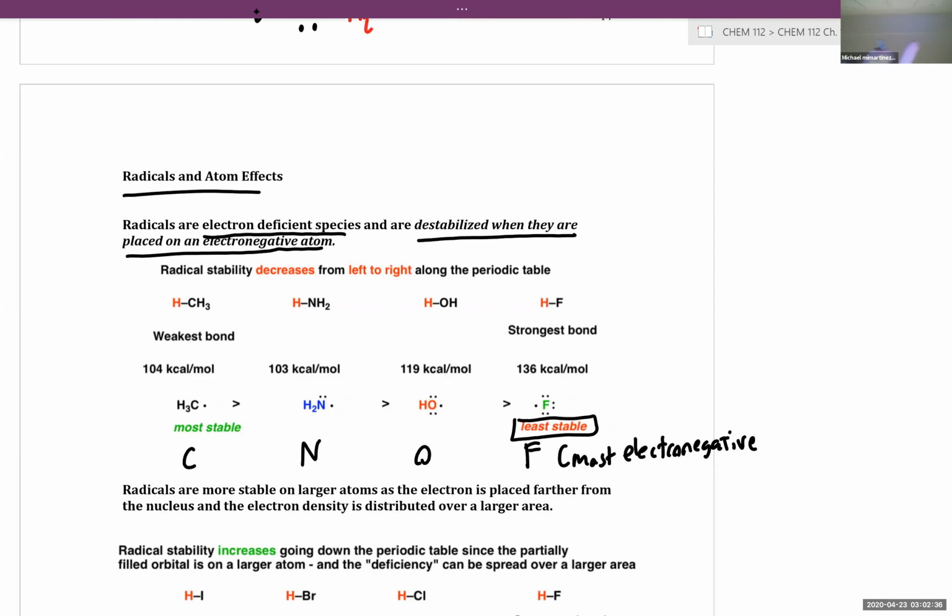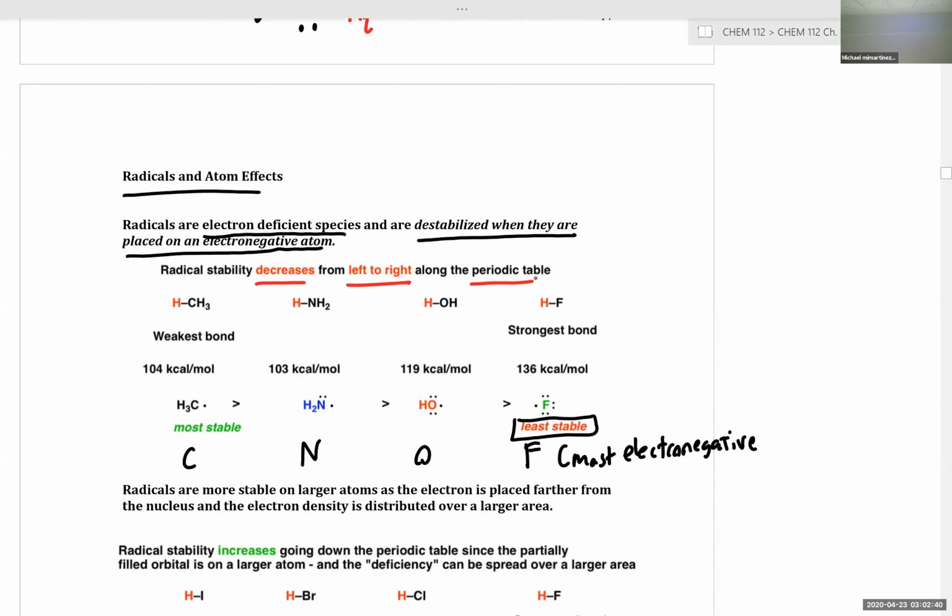So one way you can think about it is that radical stability decreases from left to right along the periodic table as electronegativity increases.